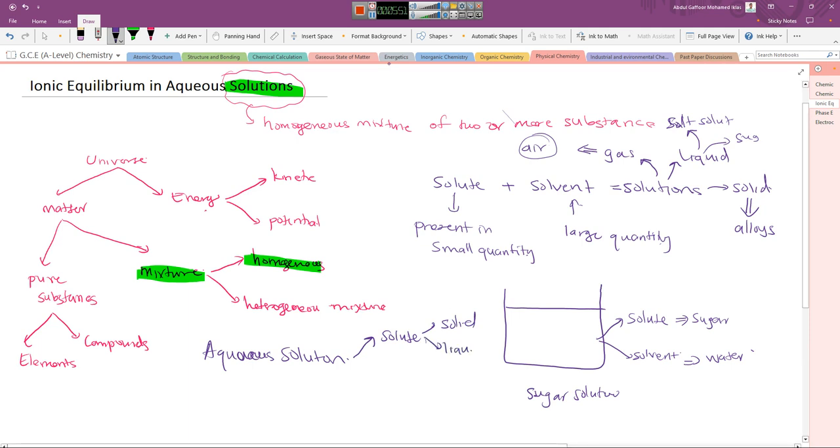We will not have any gaseous solute, and basically the solvent will be water. So when we dissolve these solutes into this solvent, ions will be present.